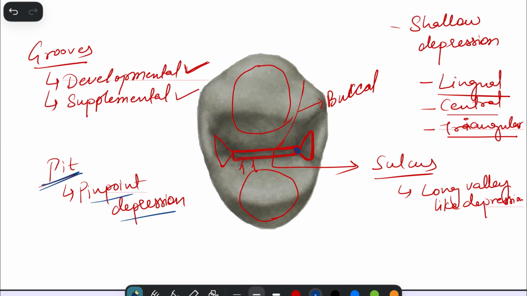Okay. The common sites of a pit are central pit, which you'll find in the molars, and we have lingual pit.